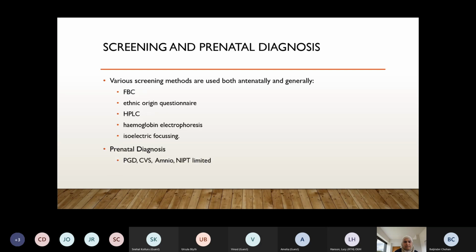And with sickle cell, again, management is MDT, and the complications are slightly different. In sickle cell, the main issue is that because of the sickling of the cells, there is more ischemia of the organs and occlusion of the blood vessels.